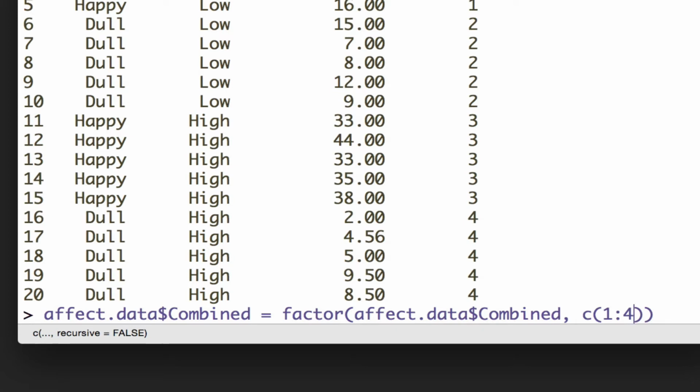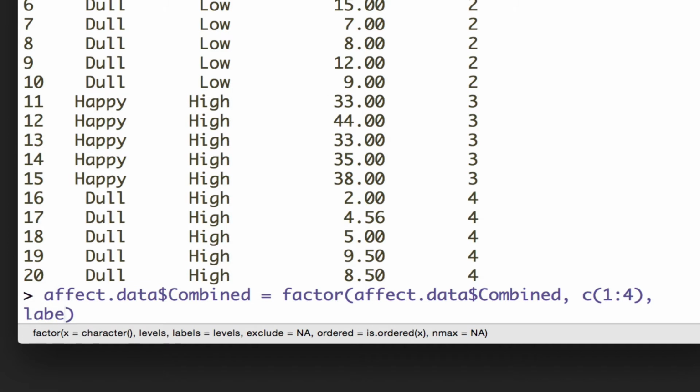And we now need to specify the labels in the order that they appear in the data. So we're going to say labels equals C, and you need to do these in order.